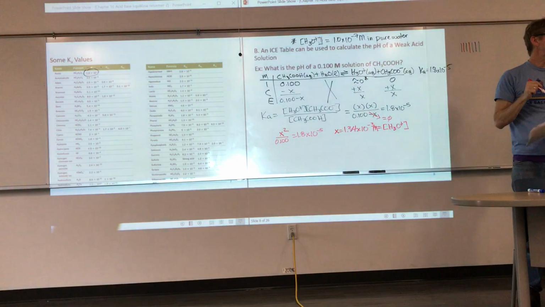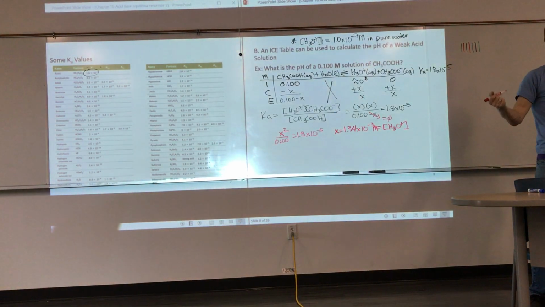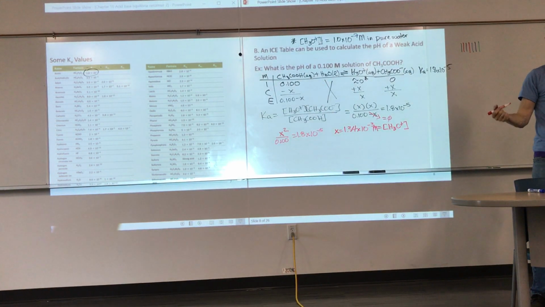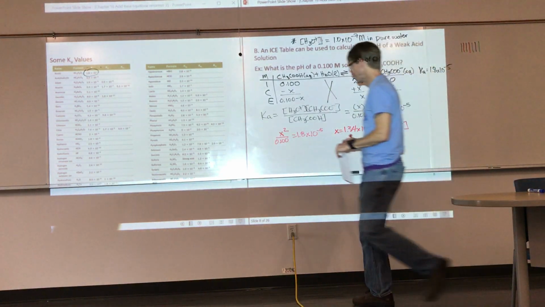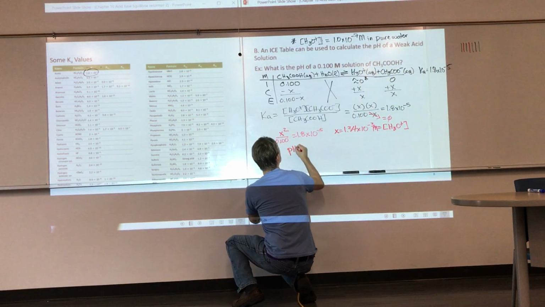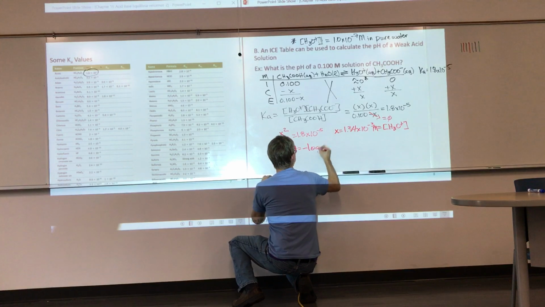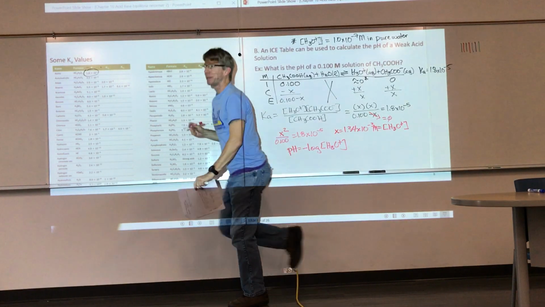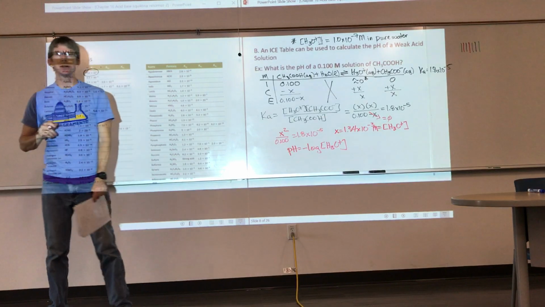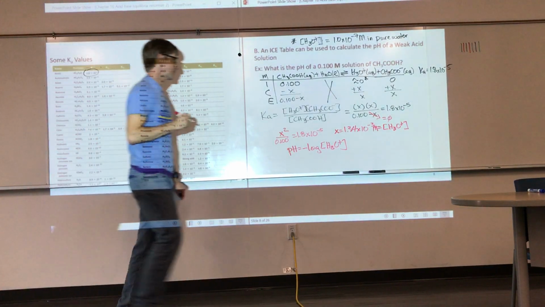The only thing we're asked, though, is for the pH. pH is just the same as last semester. If you have the concentration, we called it H plus last time, but now pH is the negative logarithm of the concentration of hydronium.